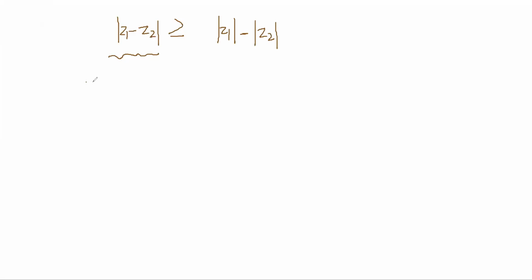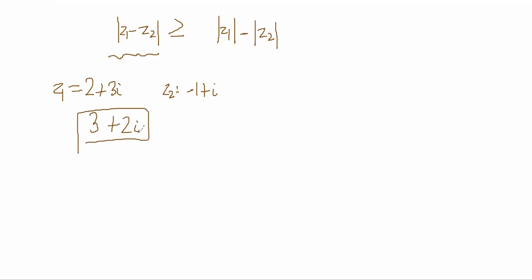Suppose I take z1 as 2 plus 3i and z2 as minus 1 plus i, right? So z1 minus z2 is actually 3 plus 2i. Mod of that is root 13, whereas this is root 13 minus, and this is a positive thing that is subtracted, minus root 2, right?